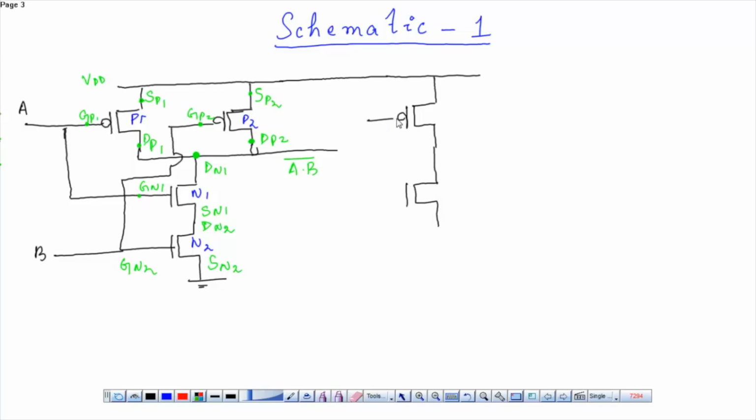We're drawing the inverter. Now this is connected to ground. The way we had the common VDD, we can also place a common ground line. Now we have to connect the output to this. The output will act as input to this inverter. Now this is our P3 and this is our NMOS 3.